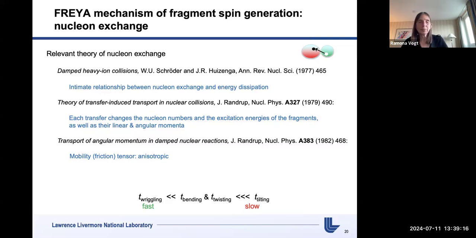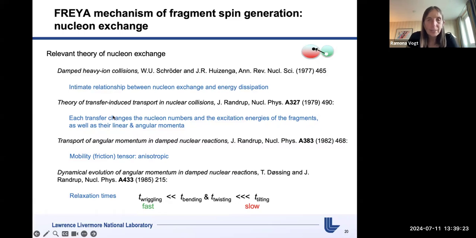And that mobility tensor determines the different relaxation times. And they're really great names. They're wriggling, bending, twisting, and tilting. And wriggling is fast and tilting is slow.